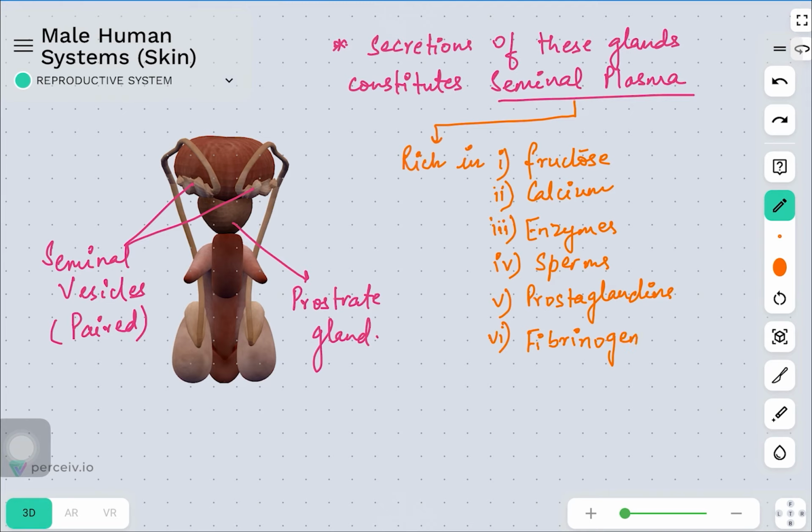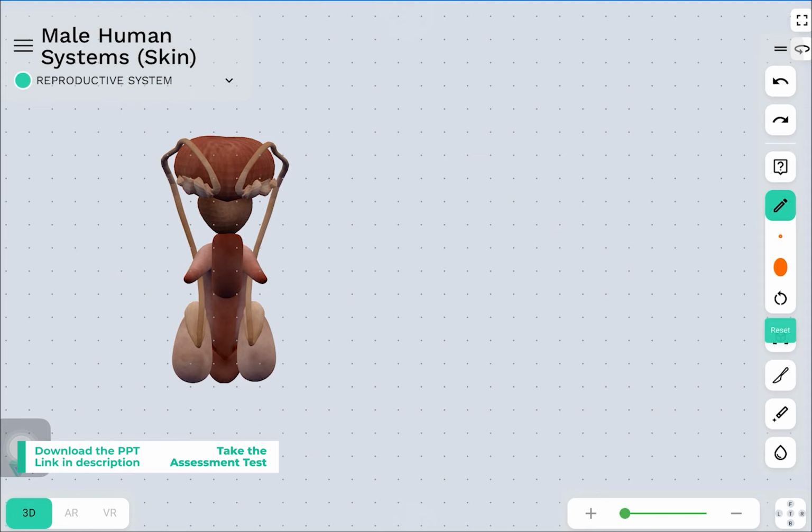The details of all these important compositions have been provided in the description section of the video link, so you can avail from there itself. All these components are present in the seminal plasma, and all these glands contribute to its secretion.